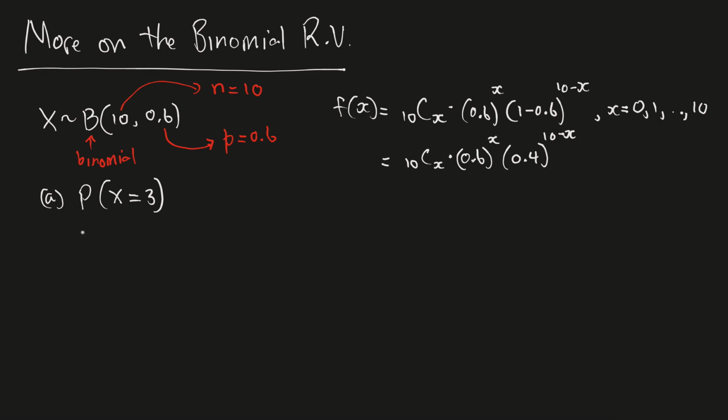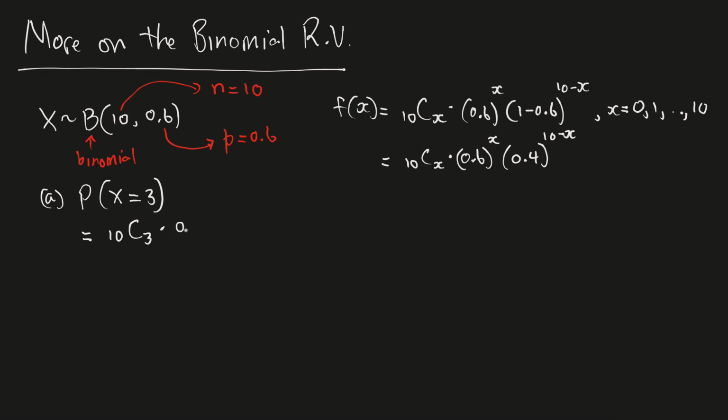So what do we have here? Substituting it in, the probability that our random variable is equal to 3 is going to be 10 choose 3. And again, what this is saying is, out of the 10 trials, how many ways can we observe exactly 3 successes? And then times, it's essentially our multiplication rule, but combined with combinations and now probabilities.